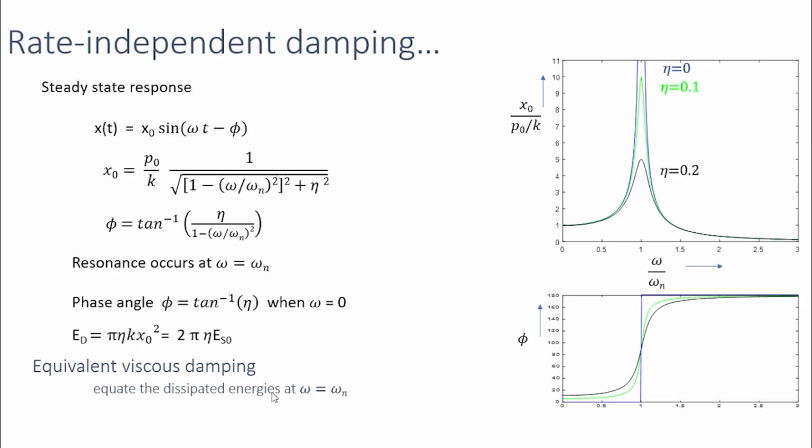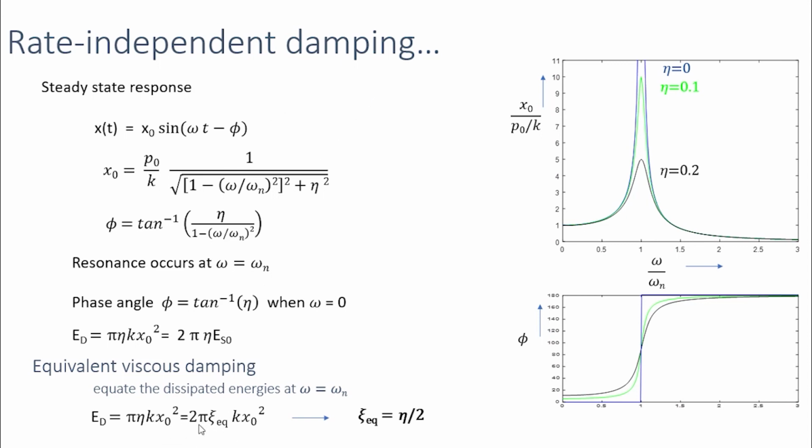To do that, we have to equate the dissipated energies at omega equal to omega n. This is the expression for the energy dissipated when omega is equal to omega n for rate independent damping. We can equate this to the expression of energy dissipation due to viscous damping, that is 2 pi zeta k x naught squared. If you equate these two, we can find the equivalent value of zeta, that is the equivalent viscous damping corresponding to the rate independent damping.